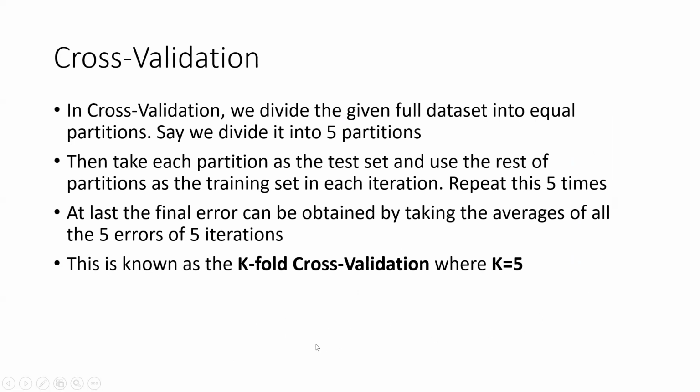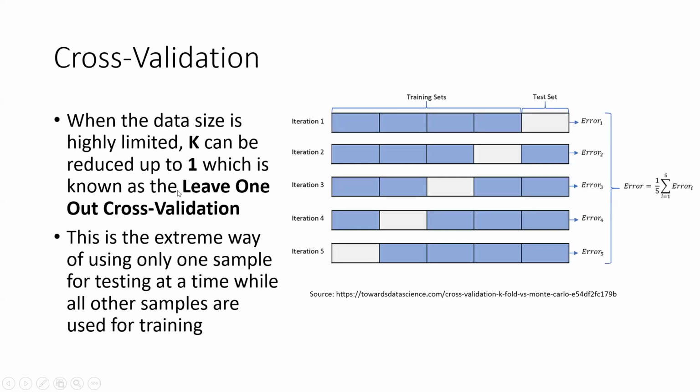For example, 5 data partitions, but with leave one out cross validation, you have to divide the data set into n data points, and then you can apply the cross validation.